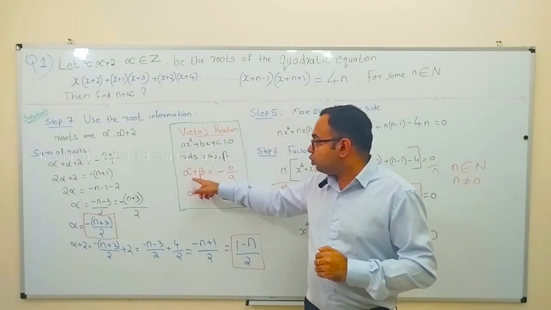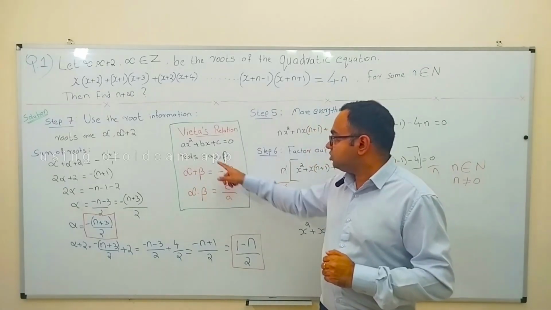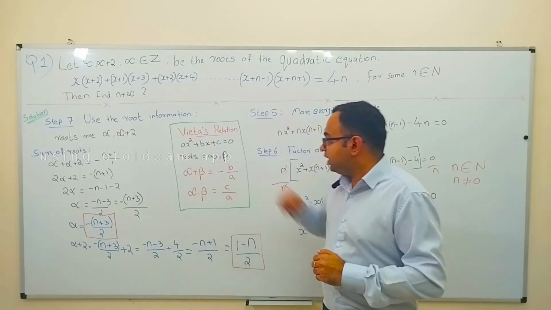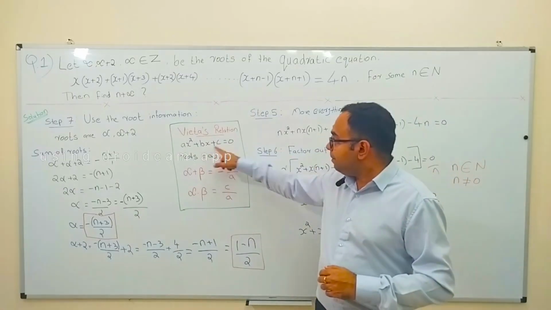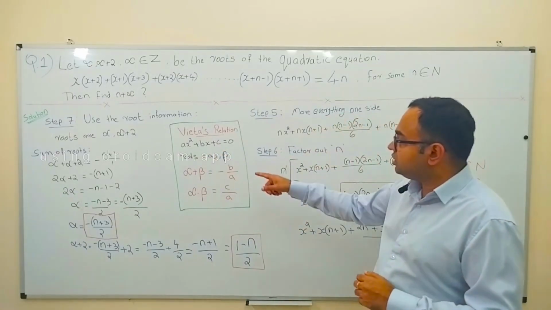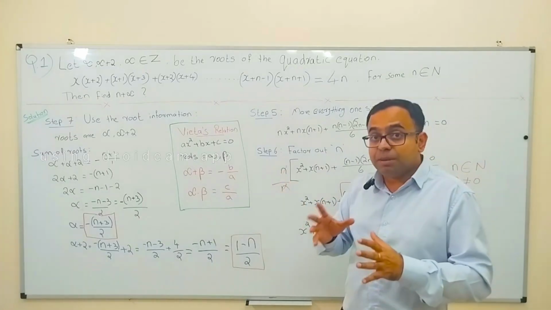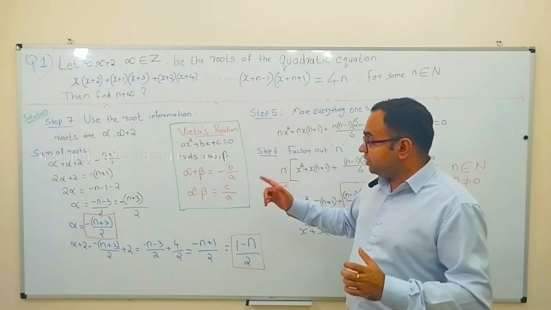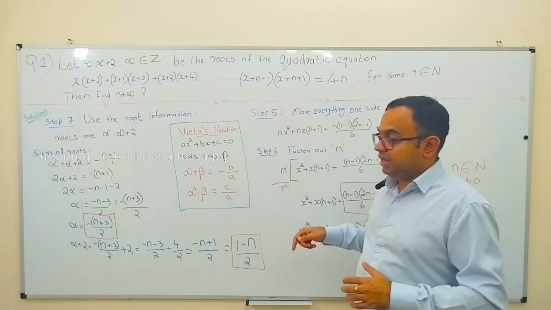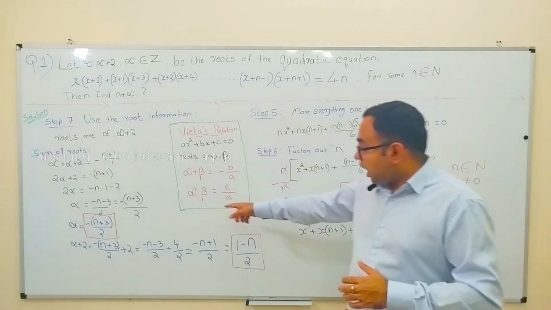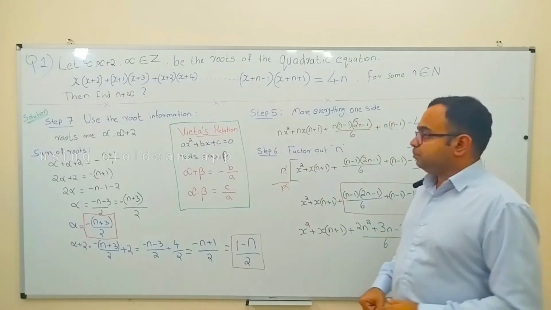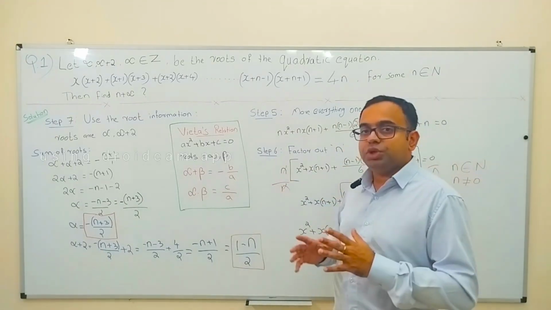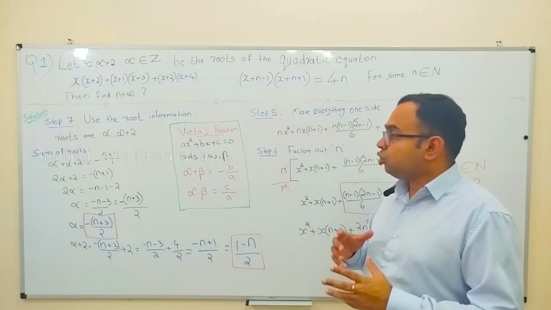Take the sum of the roots, alpha plus beta, which is equal to minus b by a. And the product of the roots, alpha times beta, is equal to c by a. So this is the relationship between roots and a quadratic equation.